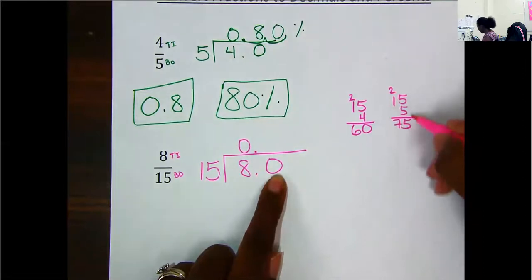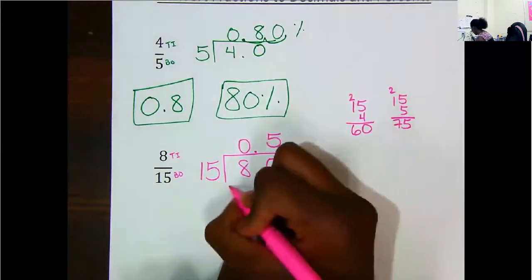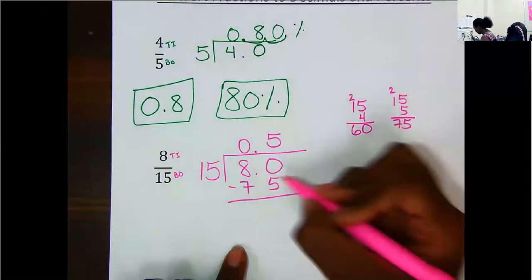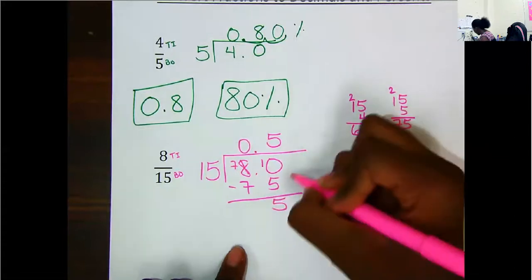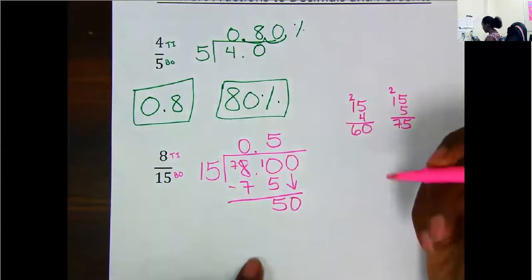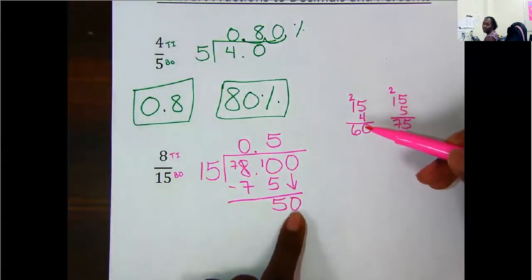That's even closer. I'm pretty sure if I go 6, it'll be too much. So I'm going to do 5. 5 times 15 is 75. So I'm going to go ahead and subtract that. I have 5. Because I still have a remainder, I need to add a 0. Now I'm at 50. So up here in my scratch work, when I did 15 times 4, I got 60.